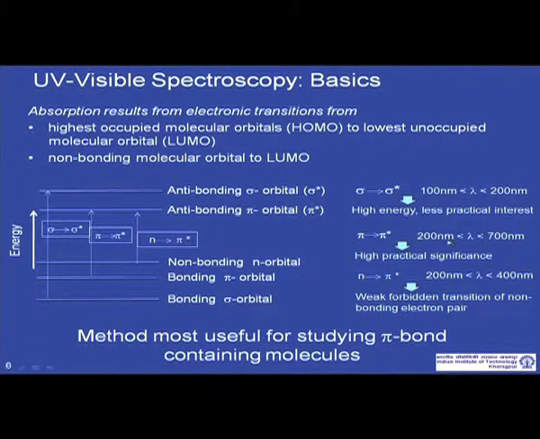The more conjugation, the more it goes to the visible range and the higher the wavelength. This has very practical significance, which helps us find the functional groups or the conjugation present in the molecule. Non-bonding orbital to pi star transitions are very weak absorptions, which happen in the region of 200 to 400 nanometers, and which basically implies the presence of non-bonding electrons in the compound.